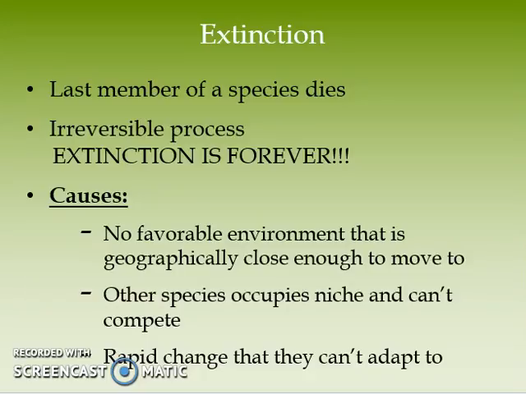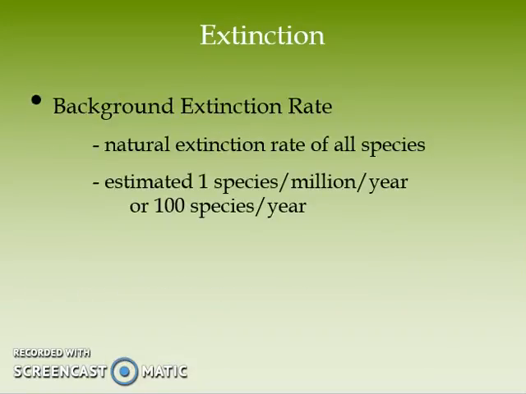Causes of extinction: no favorable environment is available, so they die out. Other species are occupying their niche and outcompeting them. A rapid change in the environment and somehow they can't adapt. That can all lead to extinction. Extinction is natural. We're not talking about human-caused extinction, but that does happen.